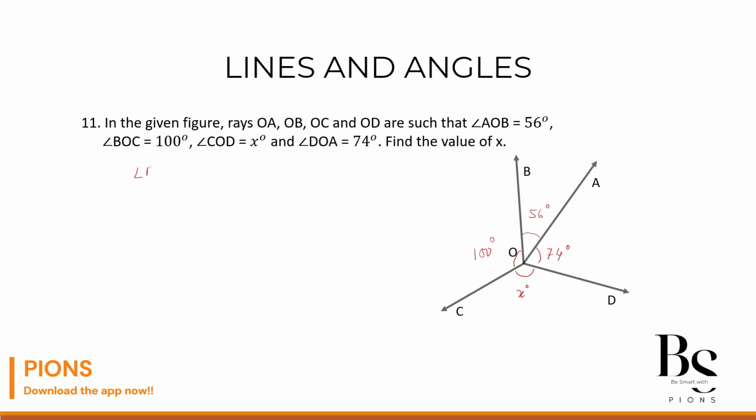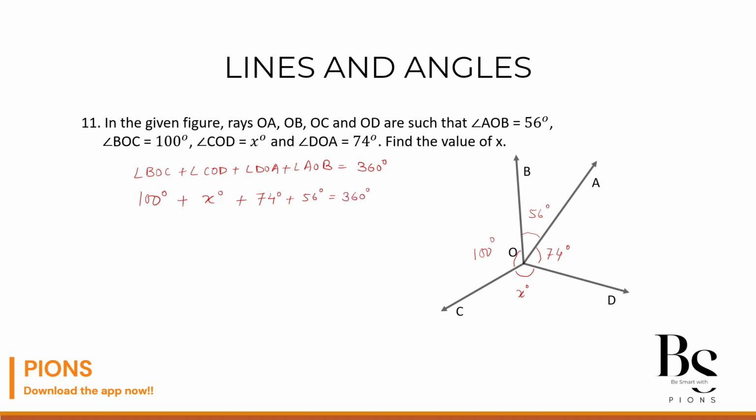So angle BOC plus angle COD plus angle DOA plus angle AOB must be equal to 360 degree. Great. Now what is angle BOC? 100 degree. What is angle COD? Unknown angle X degree. Angle DOA 74 degree and angle AOB 56 degree. The sum of all these must be equal to 360 degree.